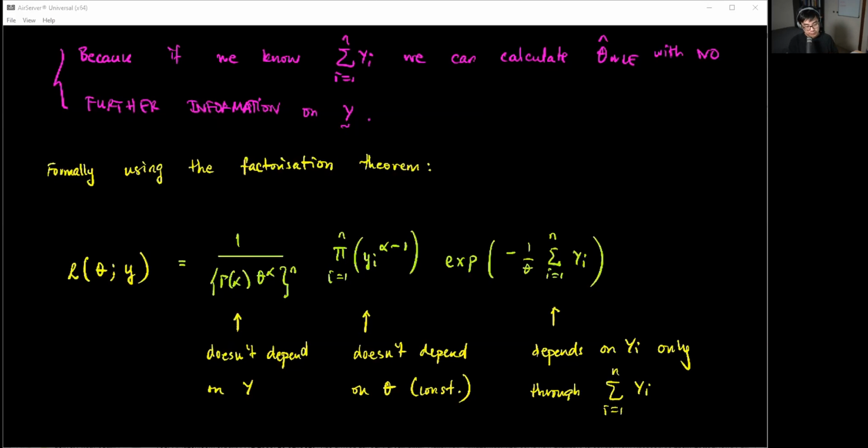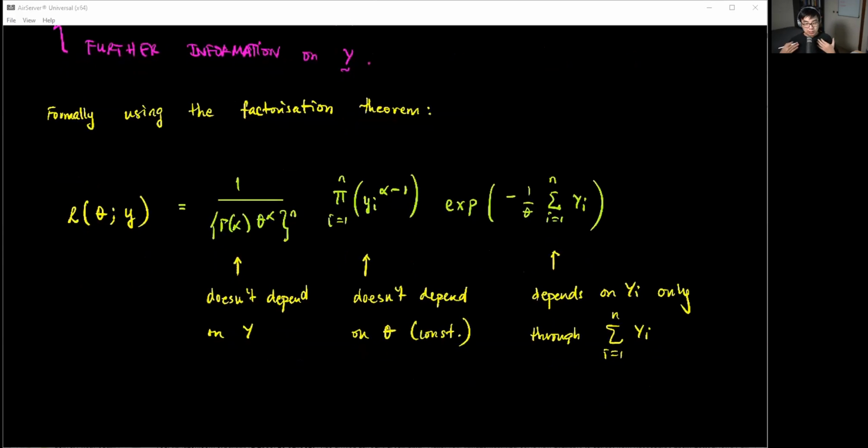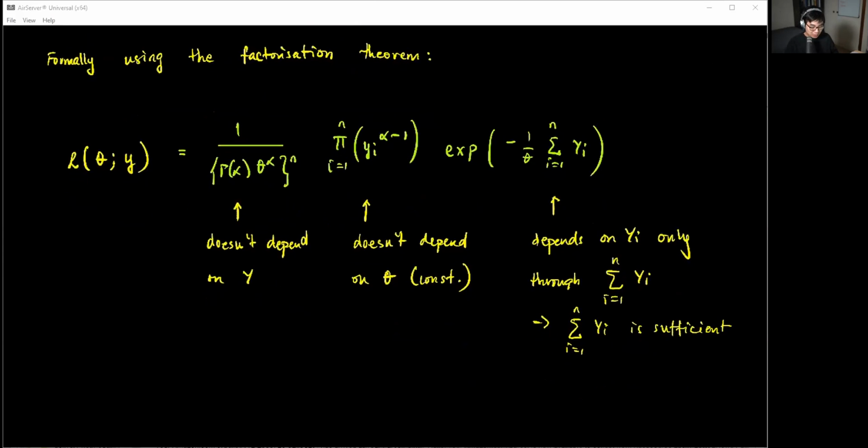Now let me talk about why this is important. Why this will lead to how we can conclude from this that the sum of y is sufficient. Well, we see that we can only have three types of objects. What these three types of objects are going to be clear when we take this and change it into a log likelihood. So let me change this into a log likelihood and then you'll see what I mean.